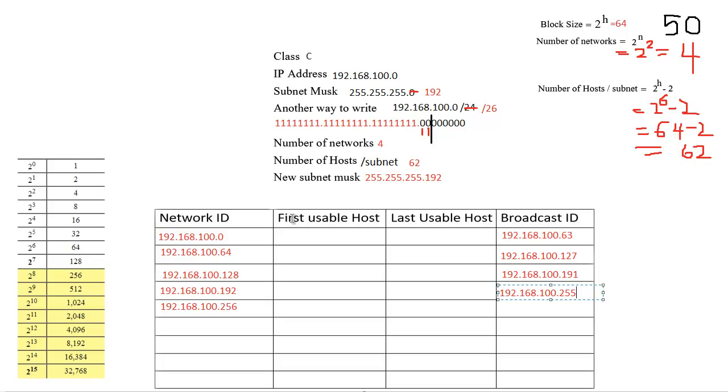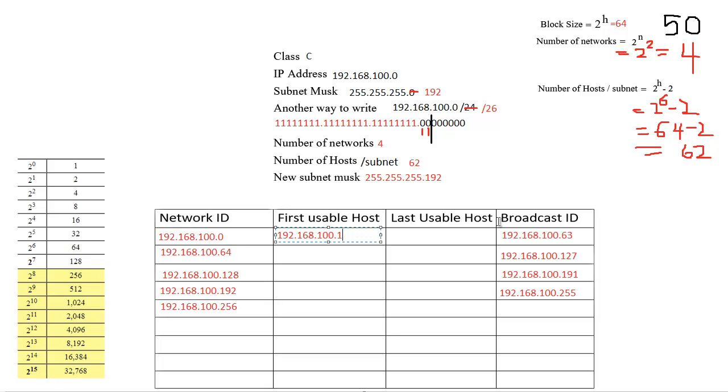What is the first usable host for this network? The first usable host is just next to the network ID. So this network ID is 0, the usable hosts will start from 1. And what is the last usable host for this network?